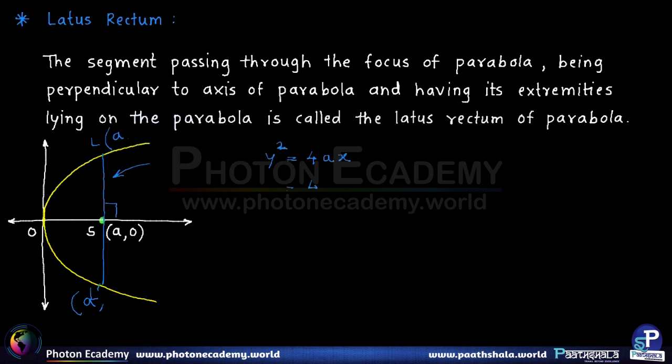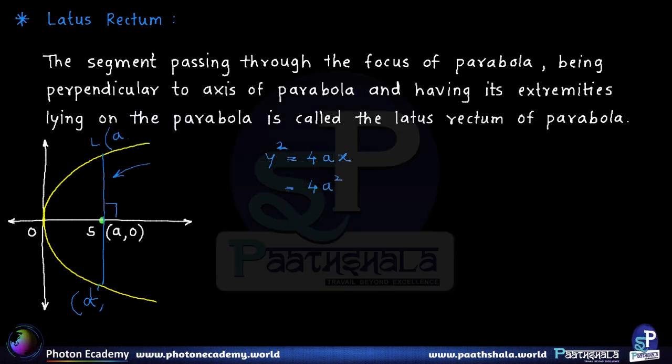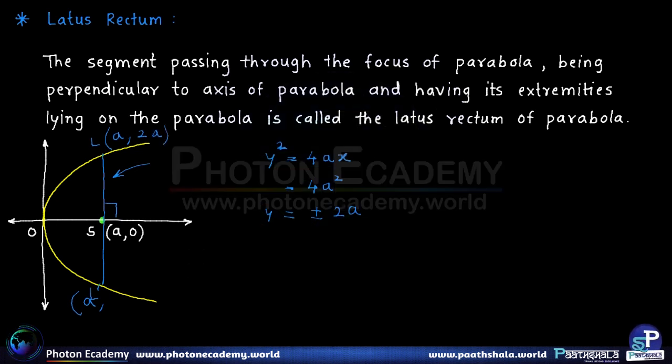That gives us y square is equal to 4a square clearly. Therefore y is equal to plus or minus 2a. Hence the upper point must have the y coordinate as 2a and the lower extremity must have the y coordinate as minus 2a.